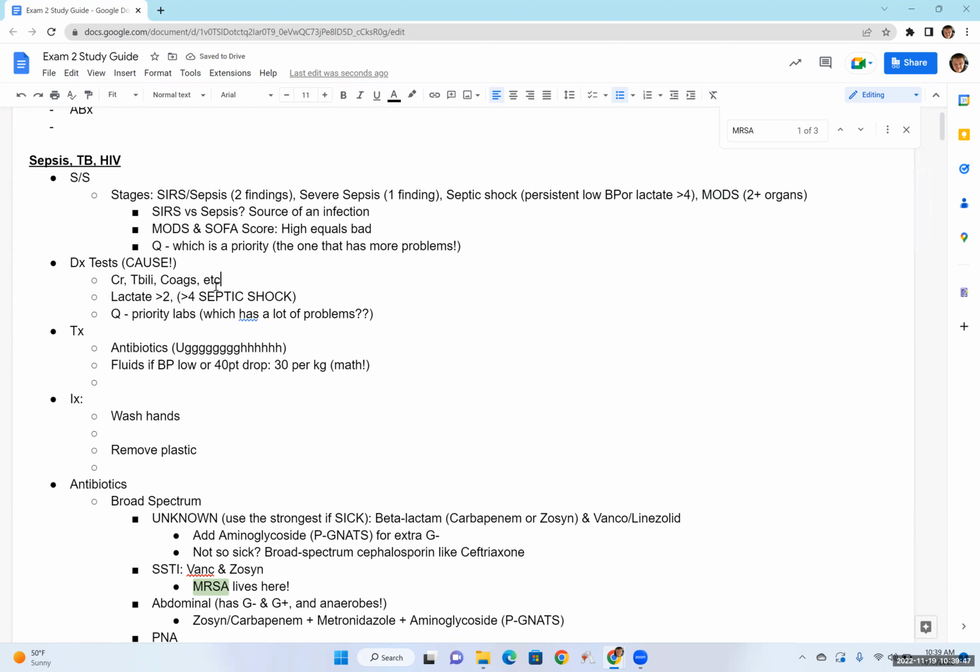So identify a priority patient. I think I might have put that there. Identify priority patient. But there, it's right there, one line up. Okay. All right, what else? You want to keep talking about sepsis? All right, what else?